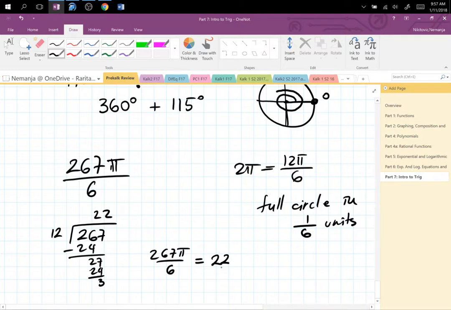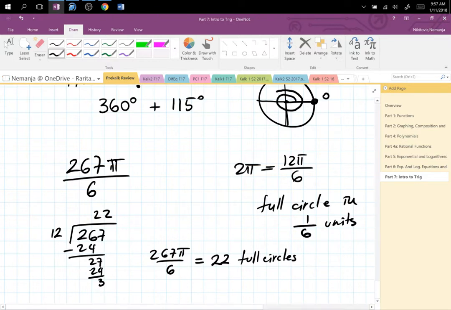So this is 22 full circles, and you can call this revolutions. So 22 revolutions. You go 22 times around the circle before you take the exit. And what's the leftover?